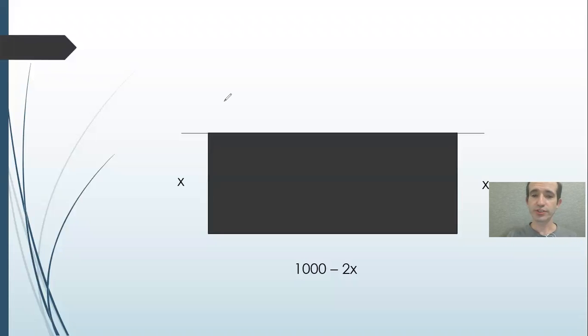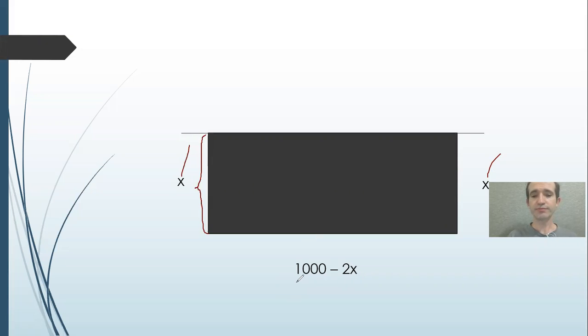Let's think about this situation. We have here the rectangle shape. We have here the width. We can name this side as X. The opposite side is the same because it's a rectangular shape. We have X here also.